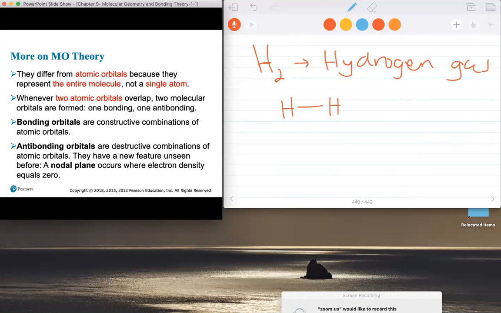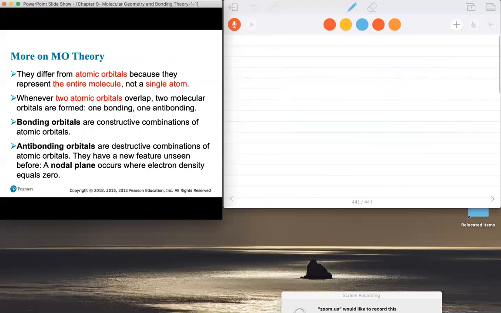In molecular orbital theory, if this is a hydrogen with 1s, and another hydrogen here with 1s, they will combine to form one molecular orbital, with each electron coming from each hydrogen.